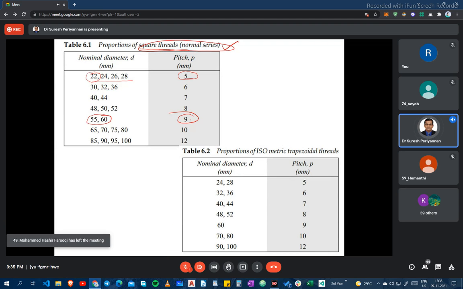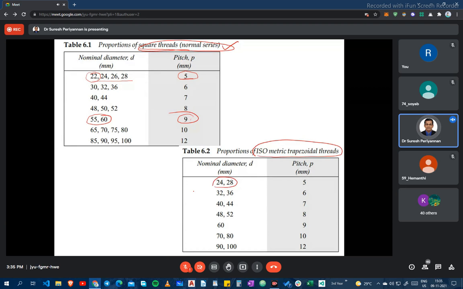Now when we go for isometric threads, isometric thread is nothing but trapezoidal thread. For trapezoidal threads, with a nominal diameter of 24 mm, the thickness of the thread is 5 mm. For example, for 60 mm it will be 9. For 70 mm and 80 mm it will be 10 mm.